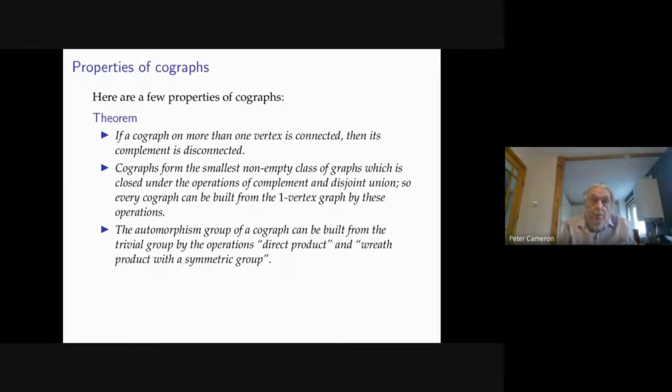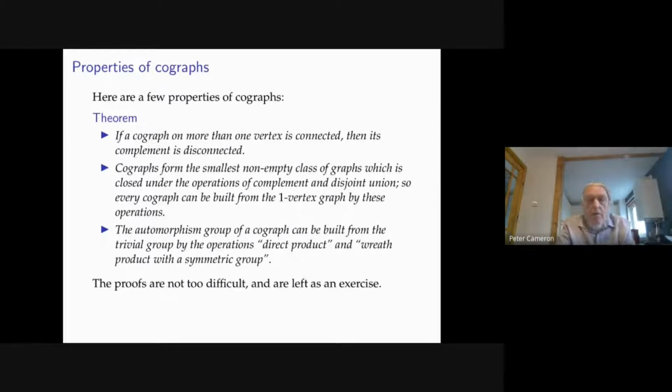Then within each isomorphism type, you have the automorphism group of that graph, the wreath product with a symmetric group permuting the copies around, and then you have a direct product of all the things for the different isomorphism classes. So the automorphism group of a cograph is a direct product of wreath products of automorphism groups of smaller cographs, and so by induction you can build them up from the trivial group in this way. So they are very restricted.